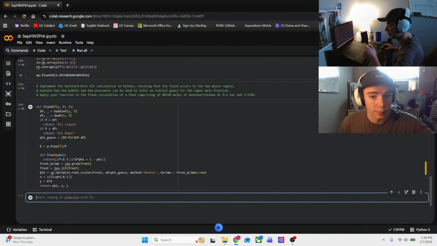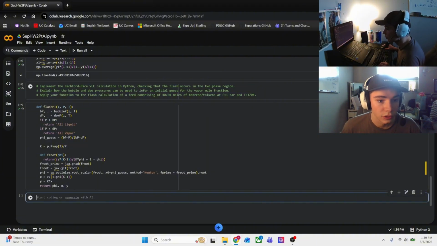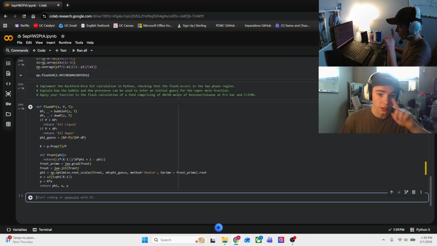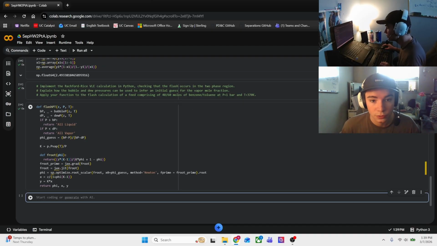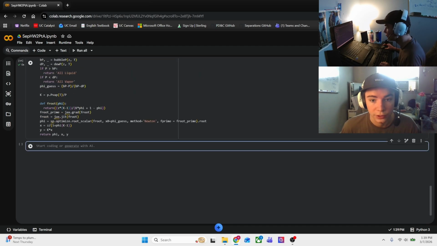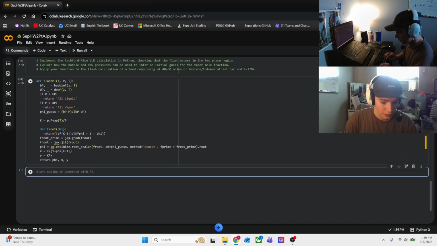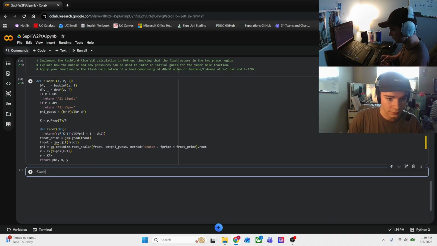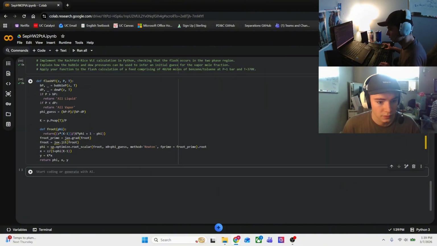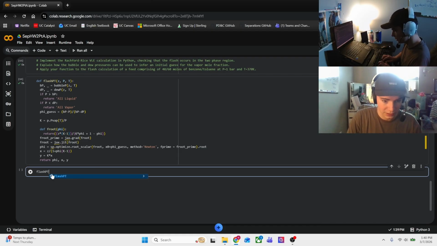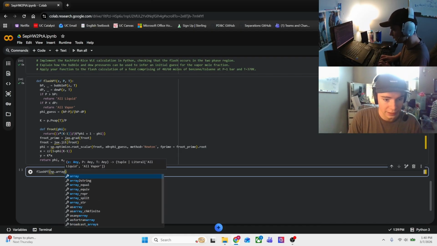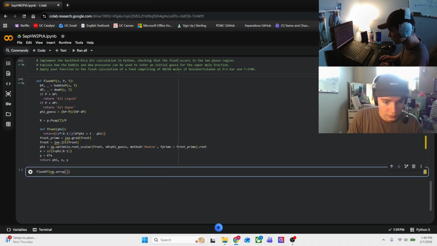Fantastic. We can go ahead and solve our problem. So we're looking to apply our function to a feed comprised of 40/60 moles of benzene/toluene at 1 bar and 370 Kelvin. So to do that, we're going to say flash pt at numpy.array 0.6, 0.4, 0.6.